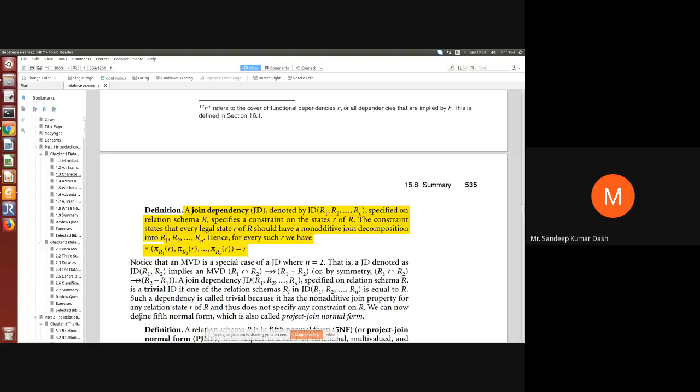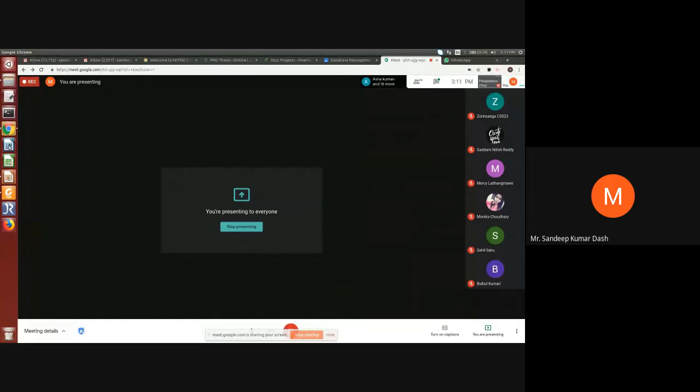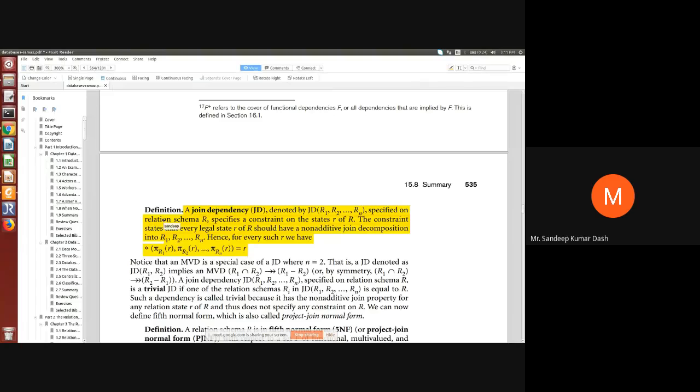That means if you have a relation R, and R is broken down into R1, R2 up to Rn, then when you join them into a single relation, it should be the same as the original one. It should not have any additional data in it.